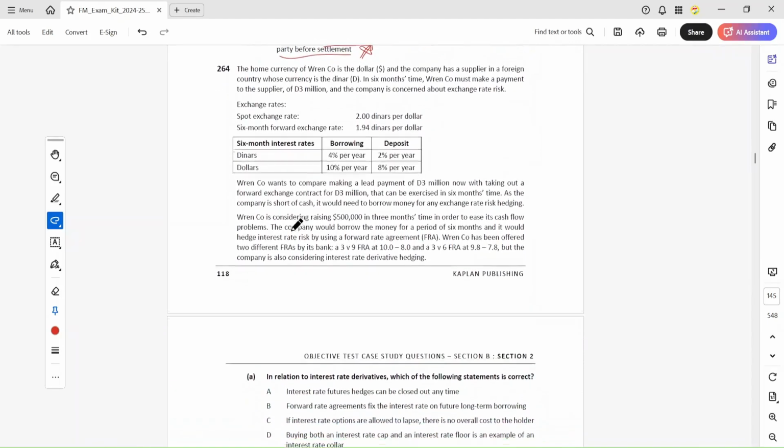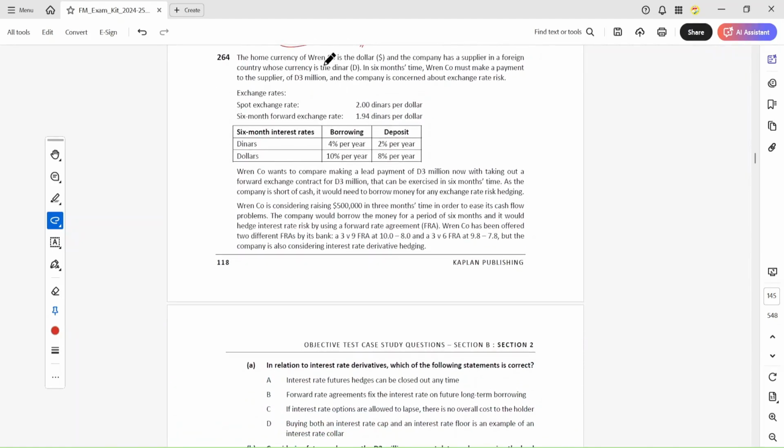Okay. Next: the home currency is dollar. The company has a supplier in a foreign country whose currency is dinar, invoiced in 6 months time.